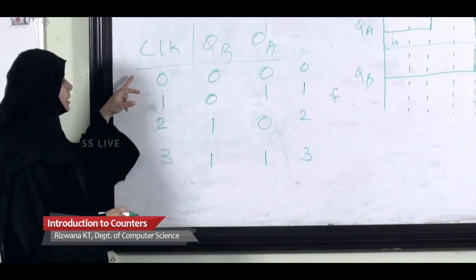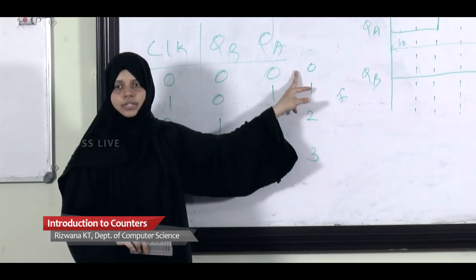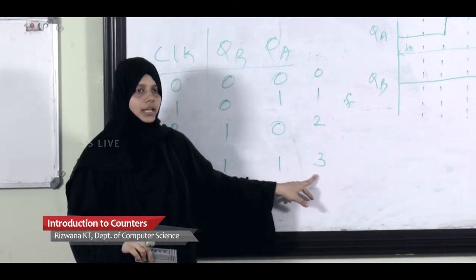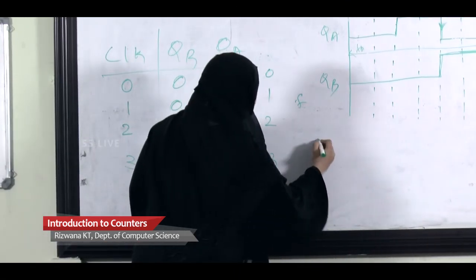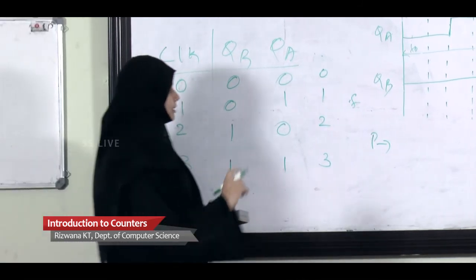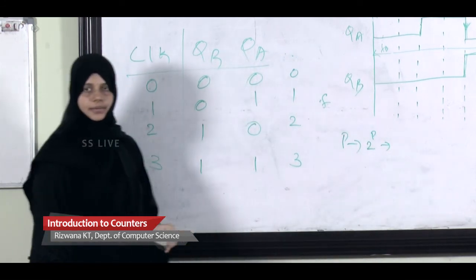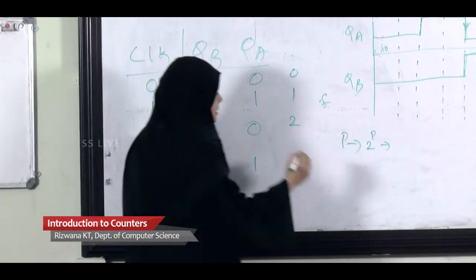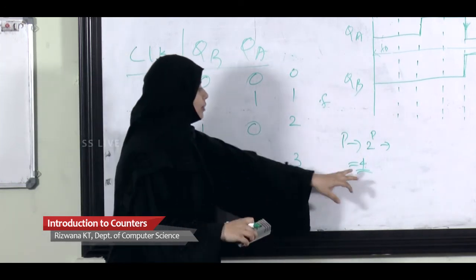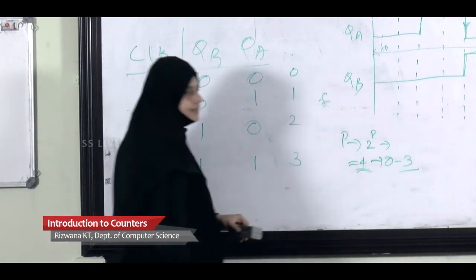That is, during each clock pulse, we are performing a counting operation 0, 1, 2, 3. And we had seen that if there are p number of flip-flops, you can perform 2 raised to p divisions. Here we can perform only 4 counting operations, that is from 0 to 3.